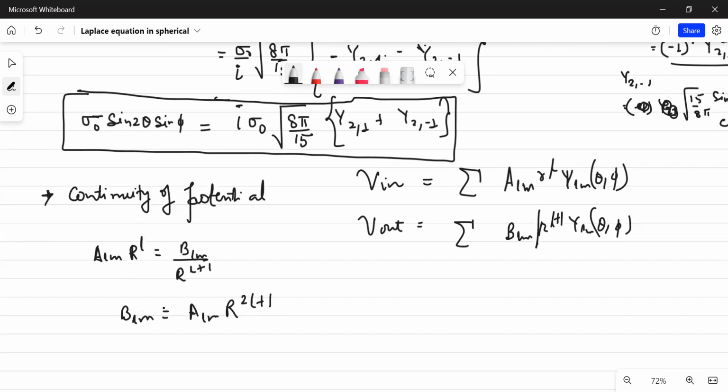I hope it is clear. Or is that not clear to you? Okay, this is something that you should know. Did you understand this? Now we are going to use the other condition, that the normal component of the electric field is discontinuous on the surface, and that we are going to see in the next lecture. Okay, so let us meet in the next lecture.